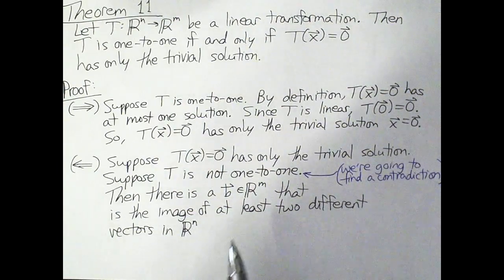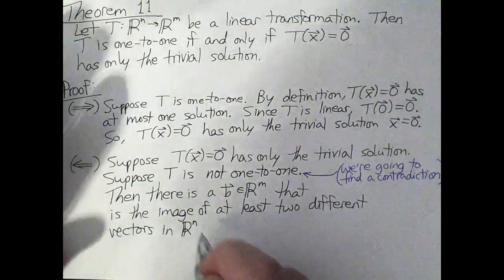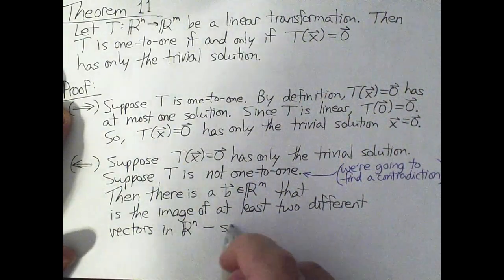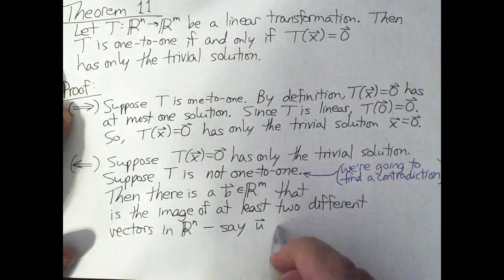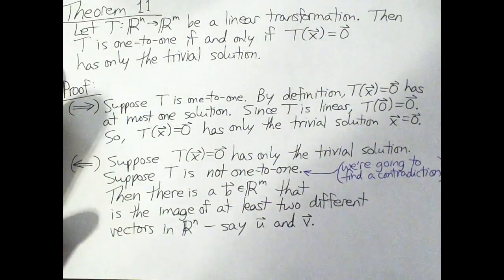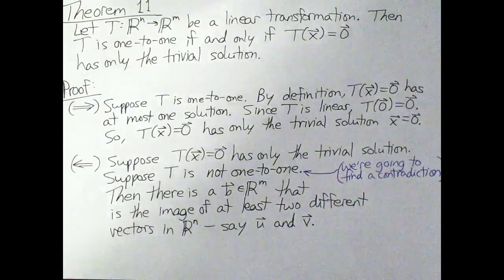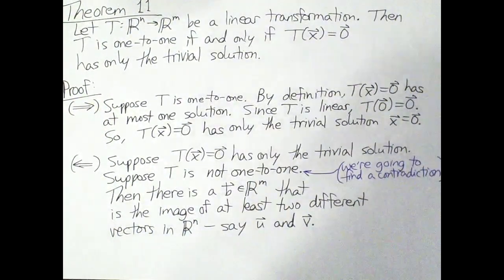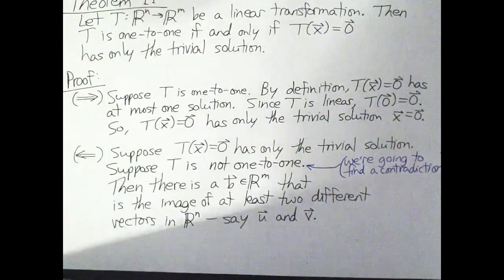Instead of saying the first one and the second one, let's give them labels. I am going to say that they are u and v. You could call them something else if you want. All right, I'll continue.